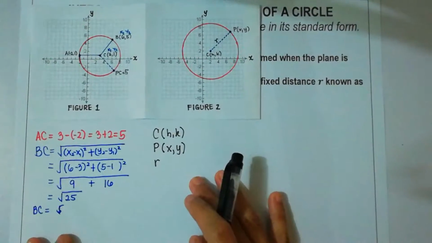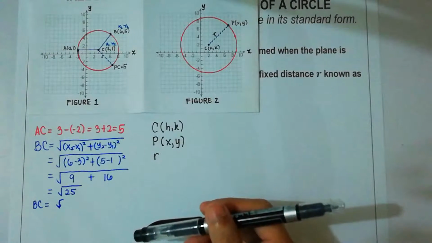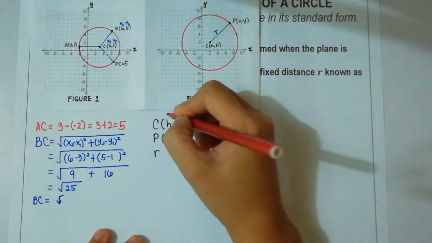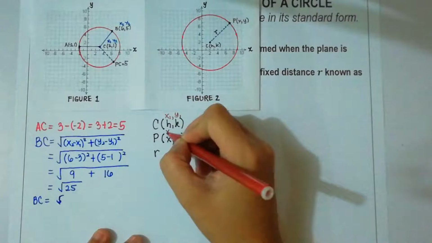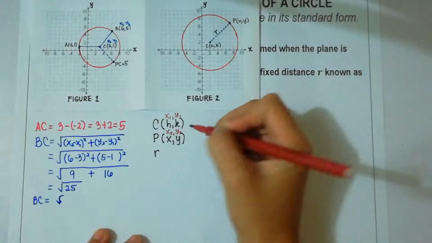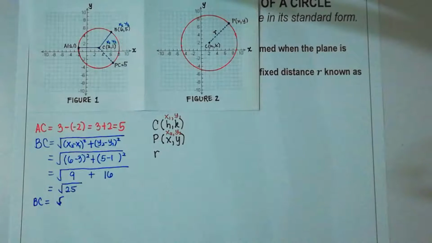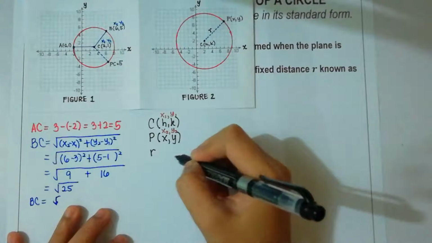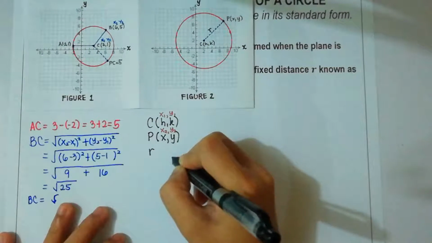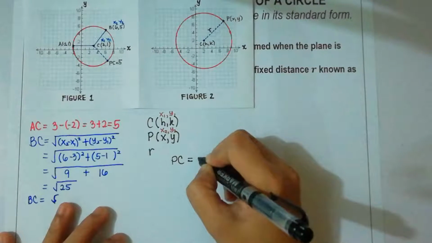Using the distance formula, h will become x sub 1, k will become y sub 1, x becomes x sub 2, and y becomes y sub 2. Substituting into the distance formula, let's look for the distance between P and C, which we all know is equal to r.